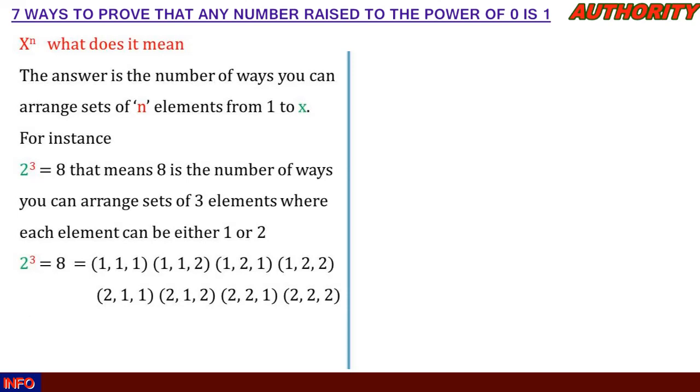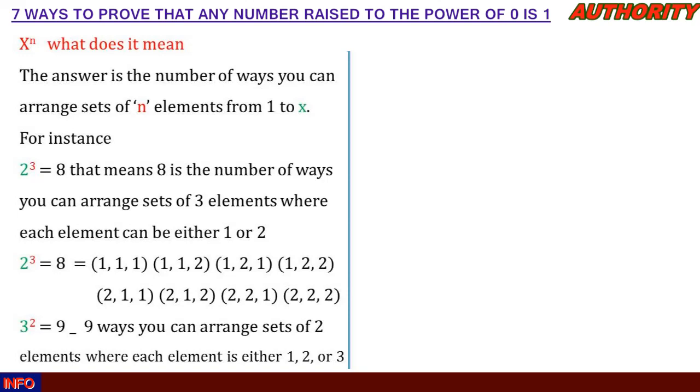All right? Now let me show you another instance for you to understand better. We have 3 raised to power 2. 3 raised to power 2 is equal to 9. So that means we have 9 ways you can arrange sets of 2 elements, where each element is either 1, 2, or 3.